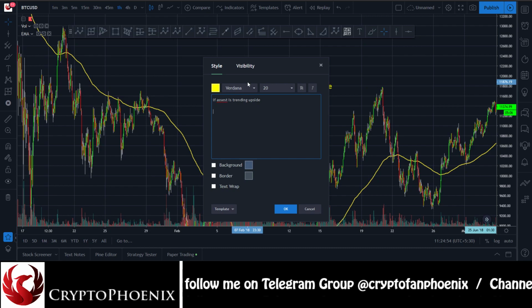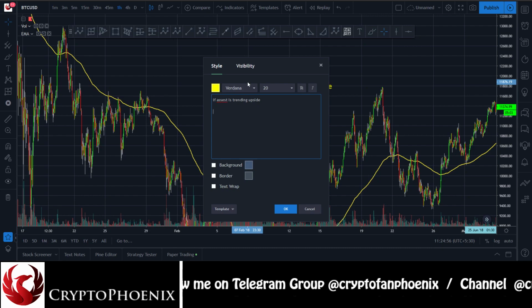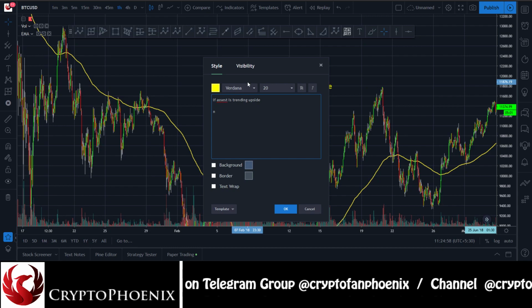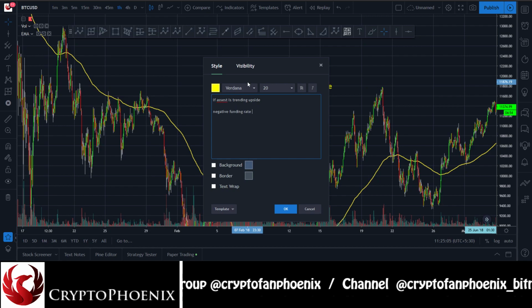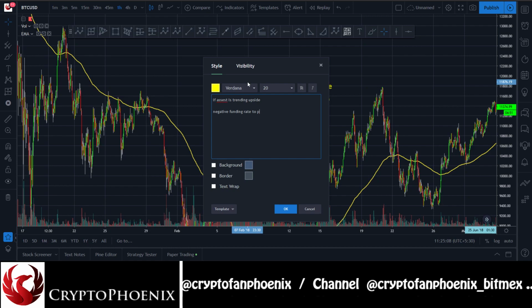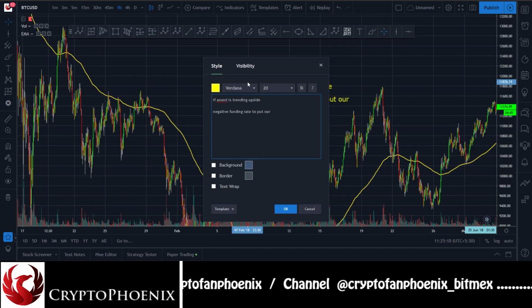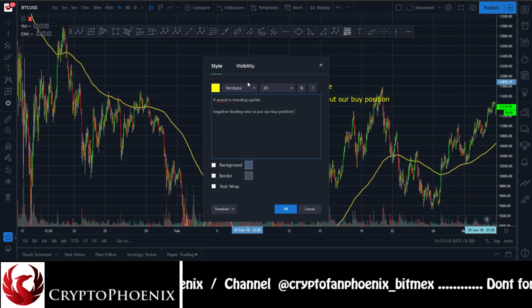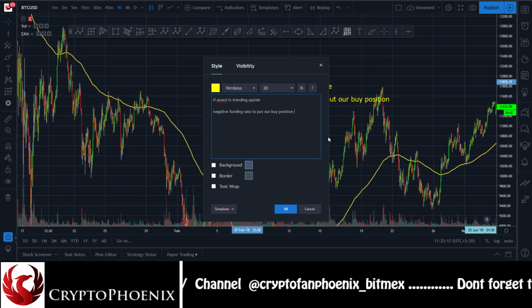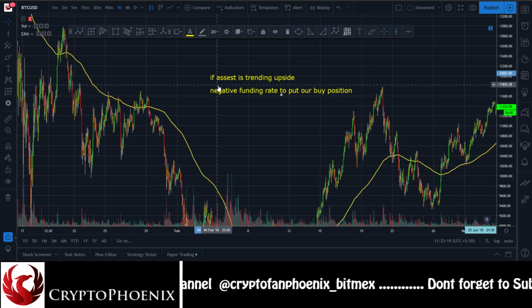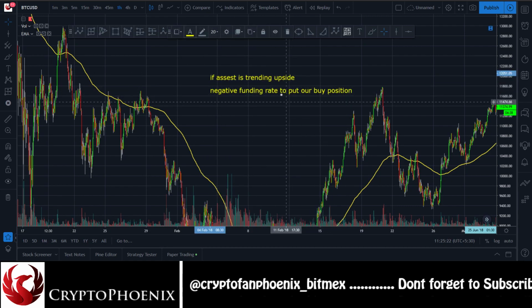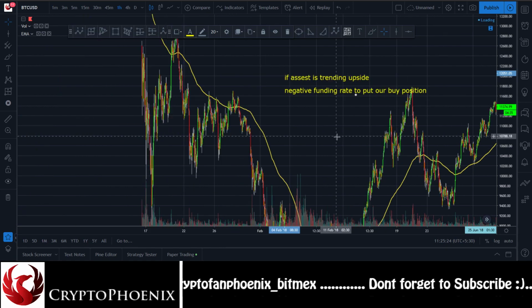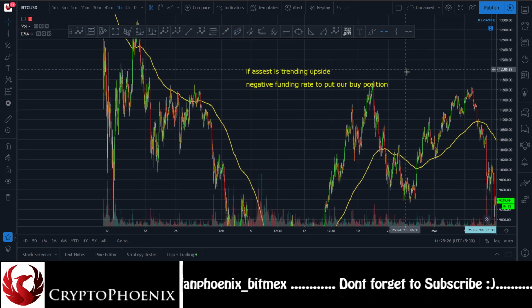This can be found by looking at the funding rate. So we'll find negative funding rate to put a buy position. So if the asset is trending upside, negative funding rate helps to find out our buy position.